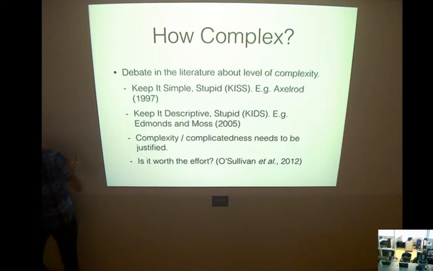Joe, this goes back to your comment: there is a debate about how complex a model should be. Should you follow the KISS principle? Either way, I think the complexity versus complicatedness of the model needs to be balanced, and you need to justify why you chose one over the other.